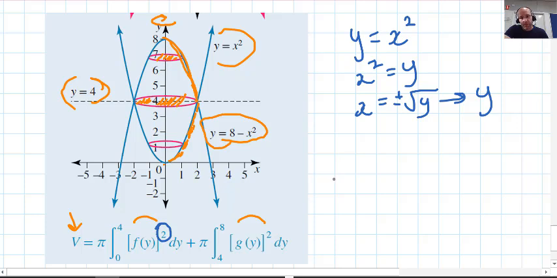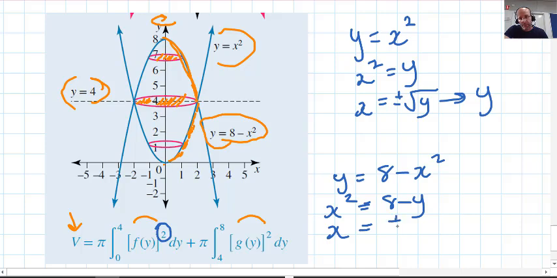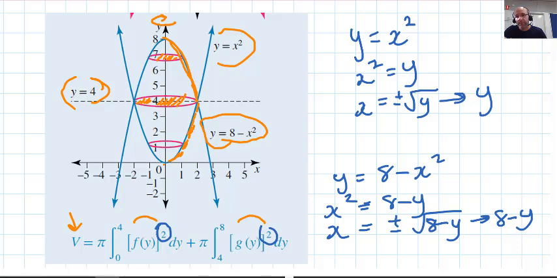For the other one, y equals 8 minus x squared, so x squared equals 8 minus y, x equals plus or minus square root of 8 minus y. But again, we want the squared application, so it's just 8 minus y that's going to go in there.